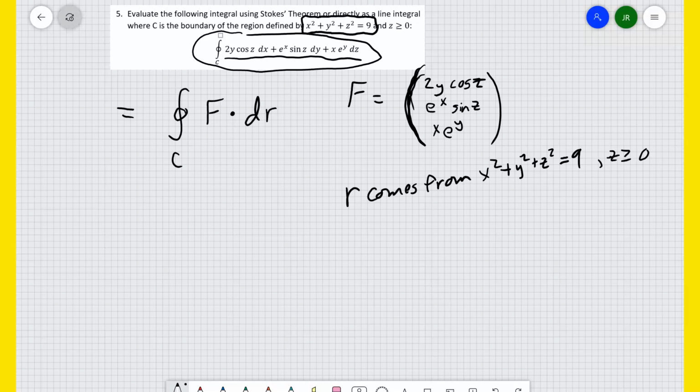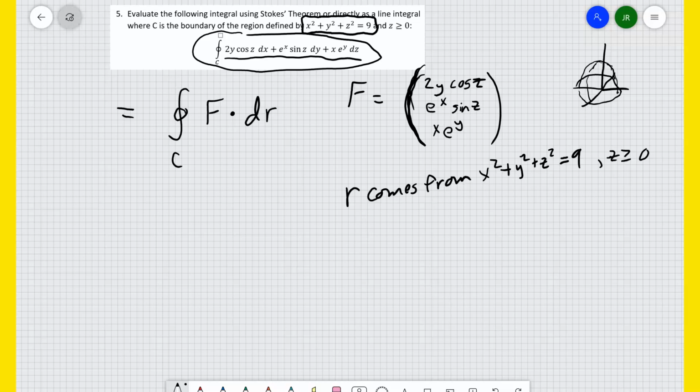Which is basically this hemisphere. This dome right here is what that's a graph of.